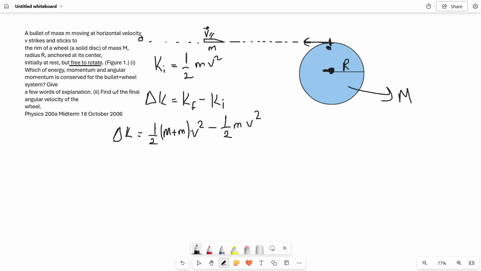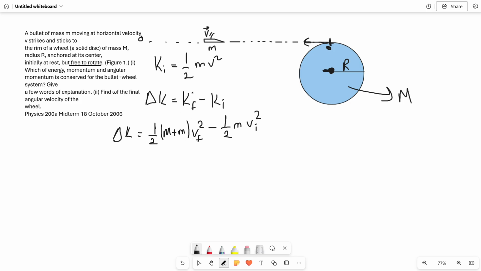Let's call it v final, velocity final, and the other one velocity initial. And this velocity is too low.